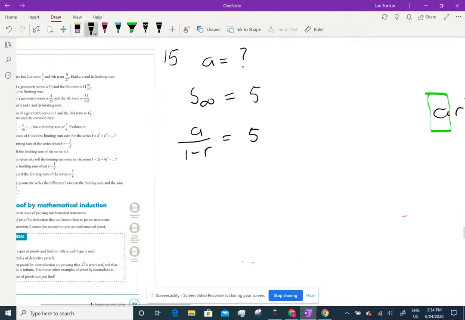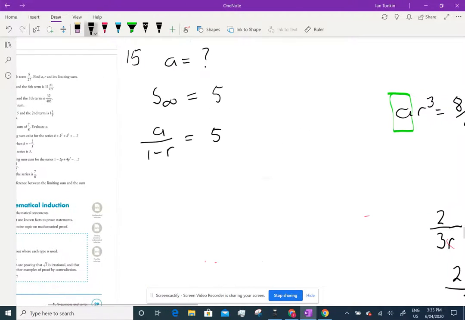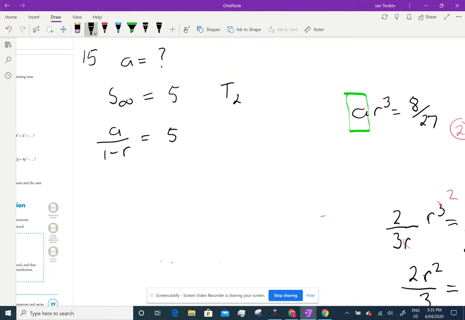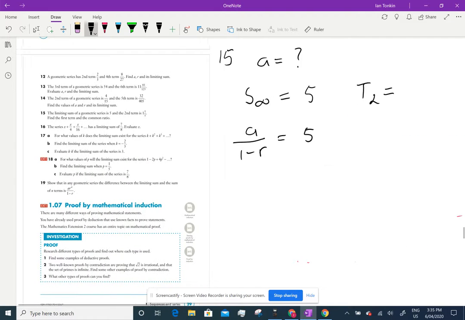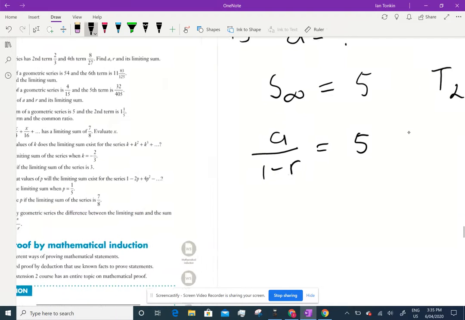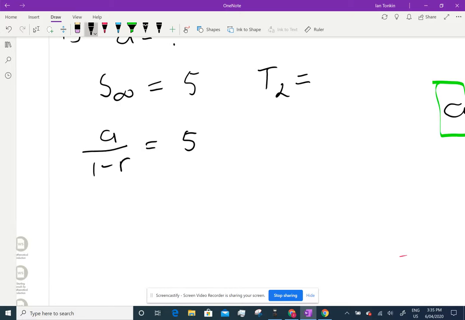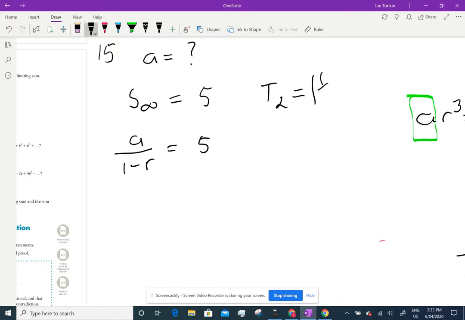I also know that T of 2 equals 1 1/5. I prefer it as a fraction, so 6 on 5. But I also know that that's AR.